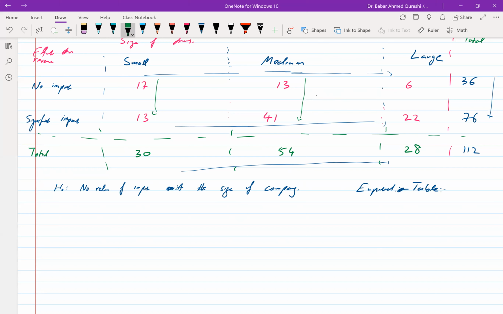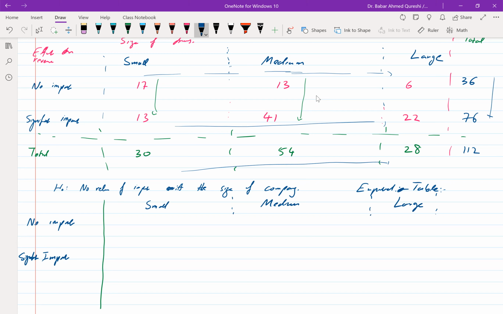So what would be the expected table? Well, let me write these things again. No impact, impact, and small, medium, and large.